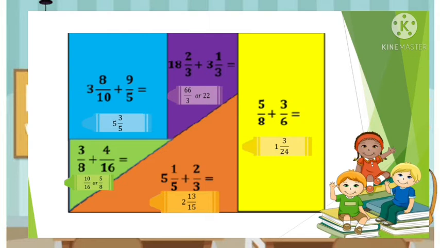3 8/10 plus 9/5 is equal to 5 3/5. Okay, class, who got this correct answer? Very good. Next, we have 18 2/3 plus 3 1/3 equals 66/3 or 22.